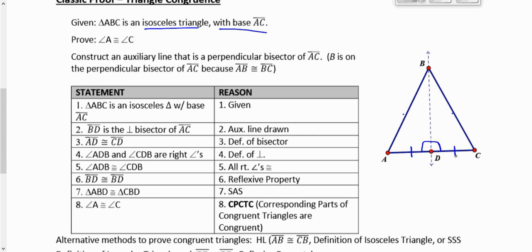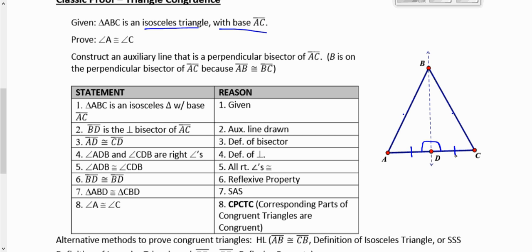Which goes through what point, by the way? Segment bisector goes through what point? Midpoint. Midpoint, right? So you remember in a proof, if you're given something as a midpoint, you can say the two segments are congruent. That's kind of what they do. Now, the perpendicular part gives us what? 90 degree, 90 degree angles.